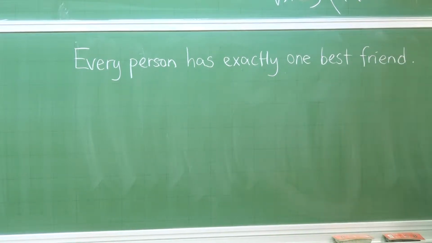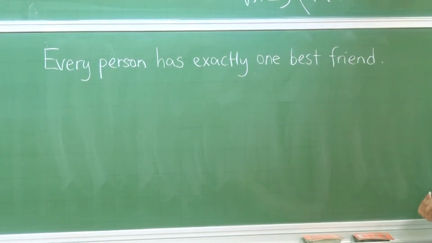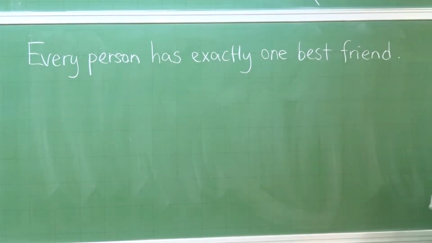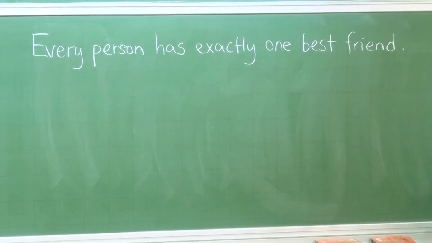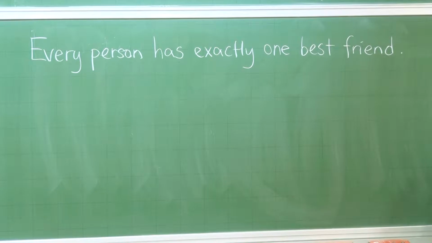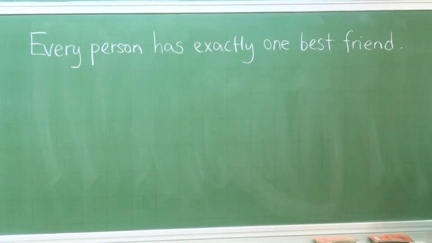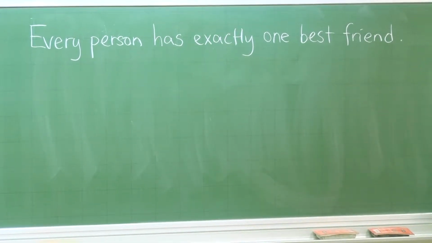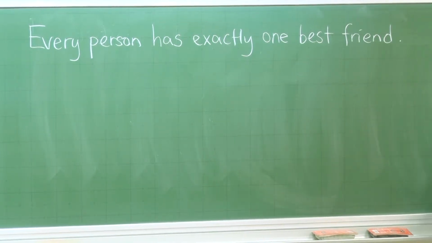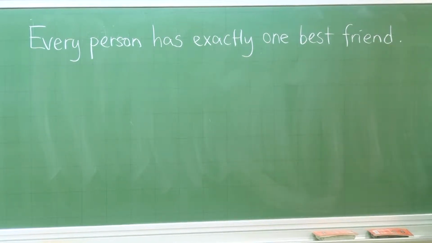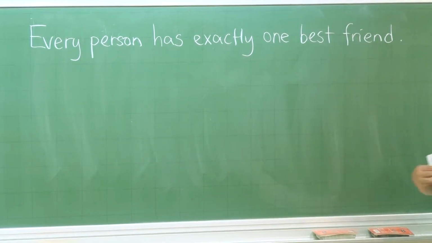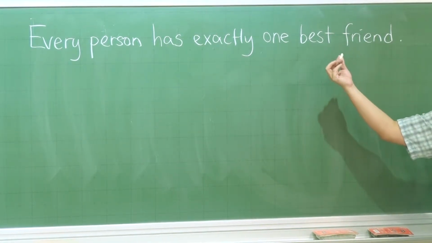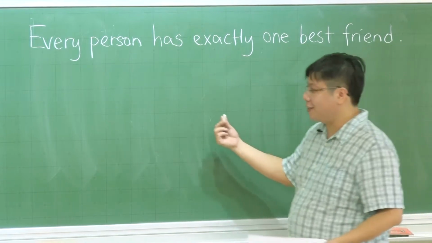Okay. Yeah, the sentence makes sense, right? Best. You may try to do some ranking of your friends, and then, oh, this one is preferred to this one is preferred to this one. So for each person, he or she will have one best friend. So it looks normal, right? Okay, again, we are not discussing whether this is true or false. We are doing the translation.